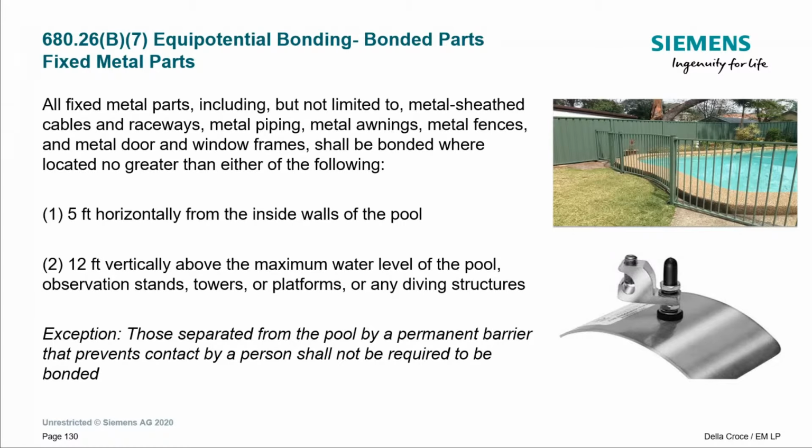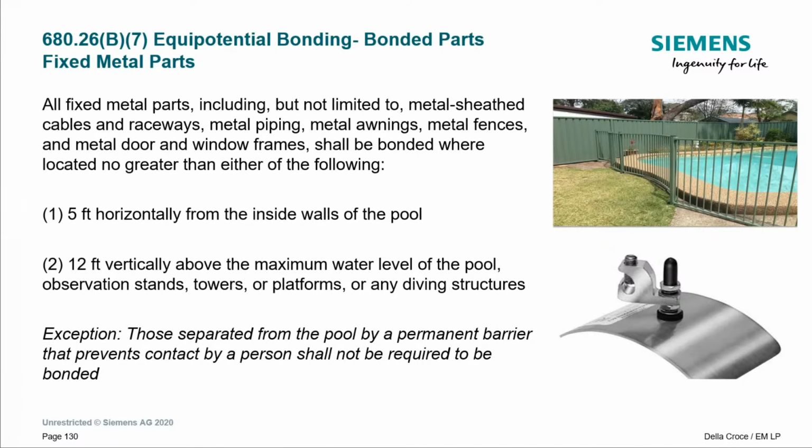And raceways, so any metal raceway that may be near it. Metal piping doesn't necessarily have to be for electrical conductors. That's correct. Whatever metal piping it may be. Metal awnings. Oh man, just imagine going up and trying to connect to a metal awning. Okay, but we're going to have distances, so maybe we can fall outside of the distances. Let's hope.